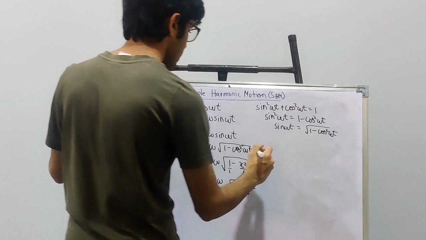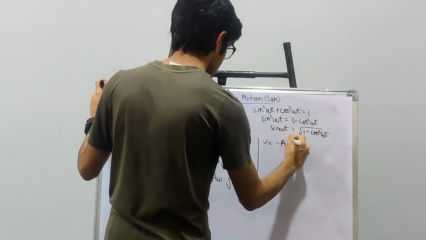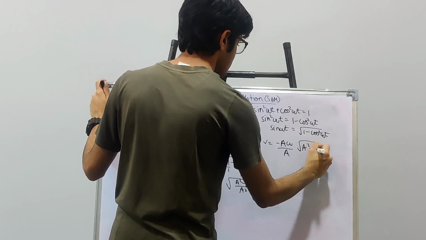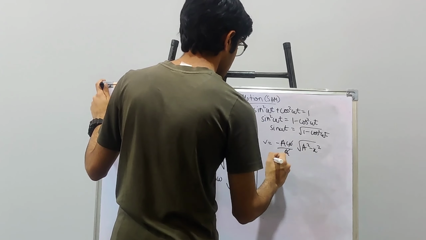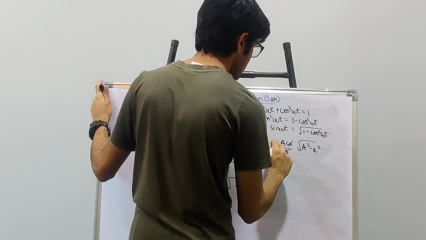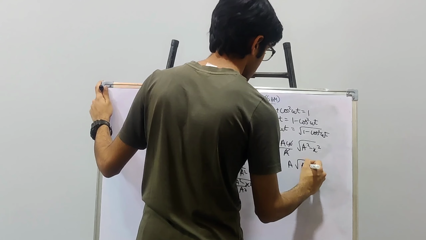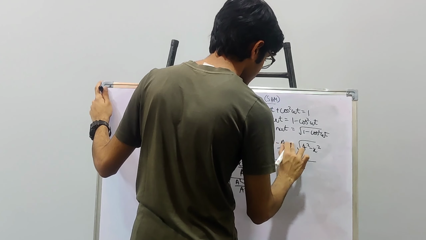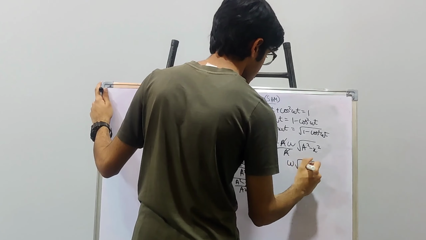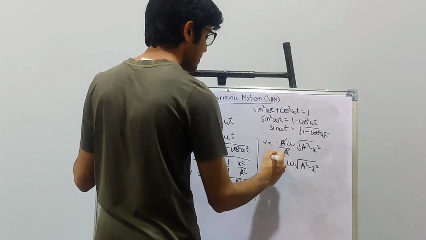So velocity becomes minus A omega, and from A we can take A outside, so this is root of A square minus x square. So velocity is, for now we can just leave the minus sign. Actually this is plus minus omega under root A square minus x square.